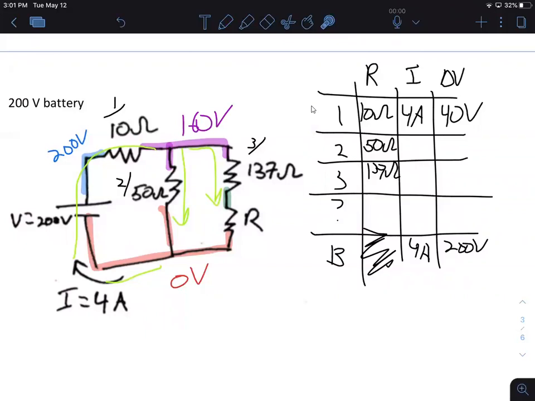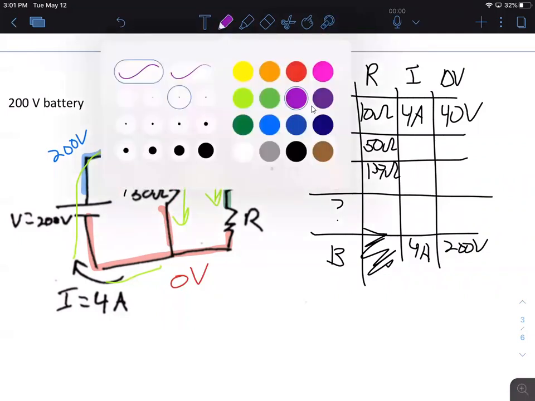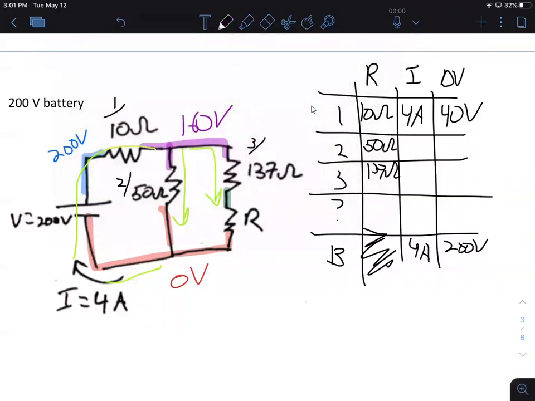Okay, how does that help? Well, let's see, we just added this voltage. I know purple, I know red. This 50 ohm resistor is changing the voltage from 160 to 0. So that's a change of 160 volts. I can't do this one because I have no idea what that is yet.